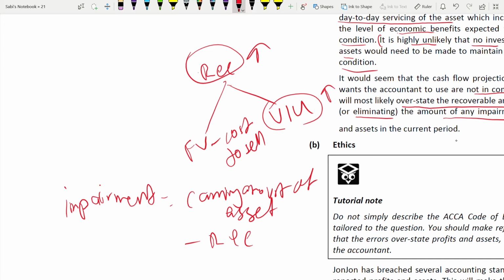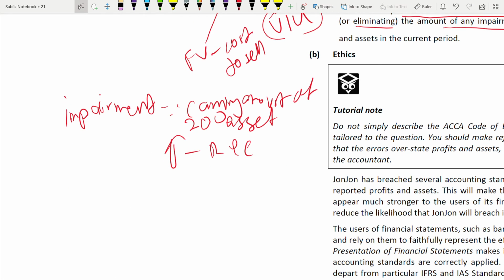But if your recoverable amount is increased now, let me explain this with numbers. I think that's better. Carrying amount was 200. Carrying amount is fixed, we will only change the recoverable amount. Recoverable amount is now 100. So what is your impairment? 100.